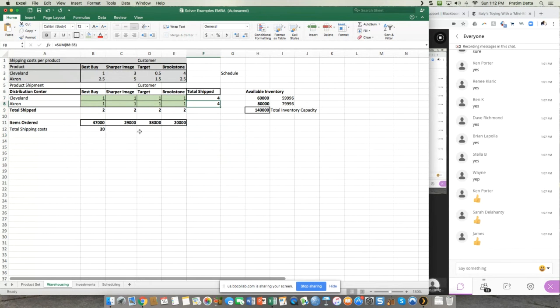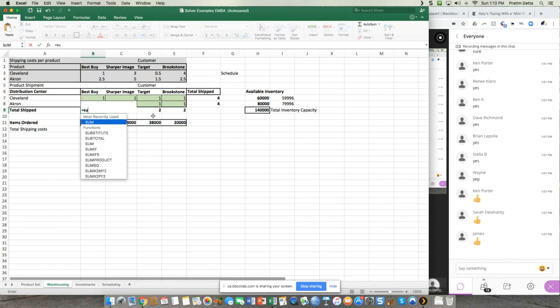Total shipped, we've figured out, and how much is each customer getting? In this case, you're saying I'm going to ship one product from the Cleveland warehouse to Best Buy and one product from the Akron warehouse to Best Buy. The total number of items that Best Buy is getting is nothing but that 1 + 1 is equal to 2.